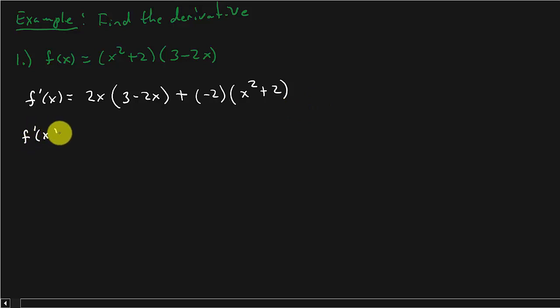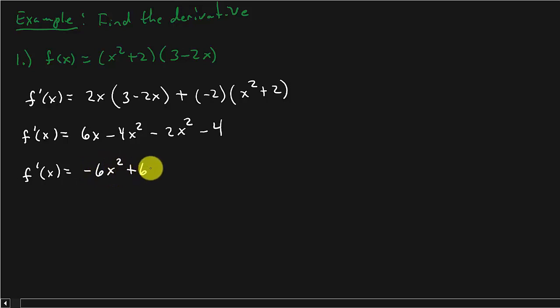So f prime of x, 6x minus 4x squared, and then negative 2x squared minus 4. And so your derivative is, let's see, that's going to be negative 6x squared plus 6x minus 4.